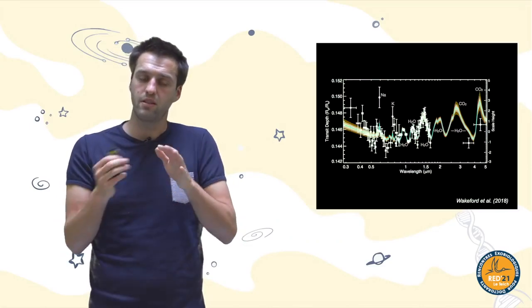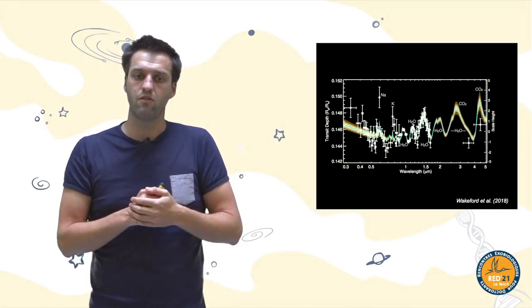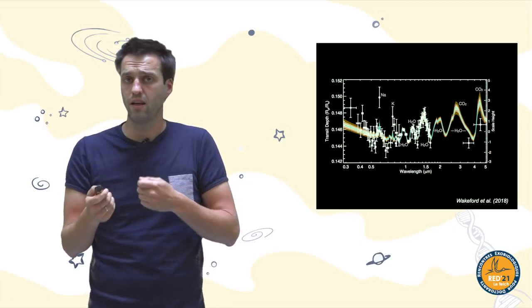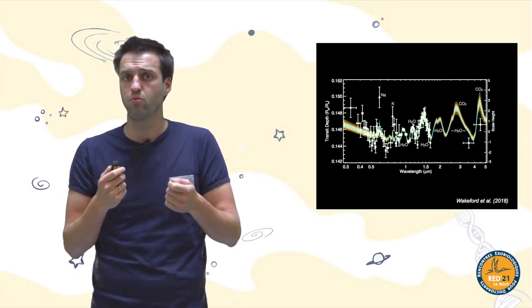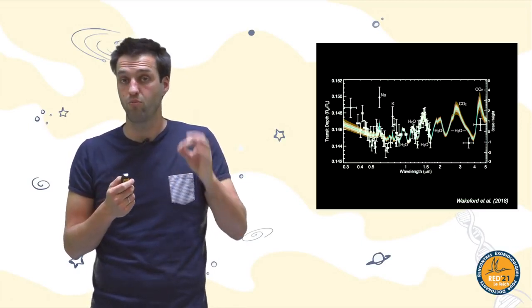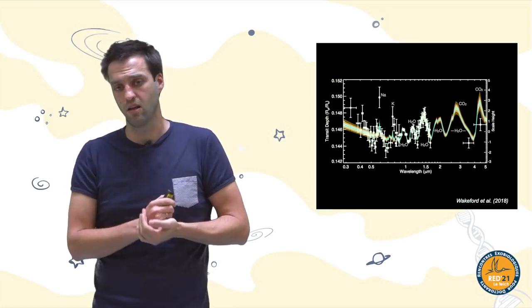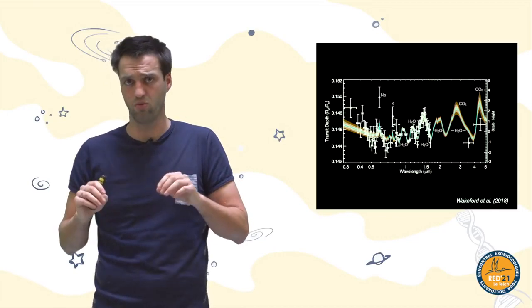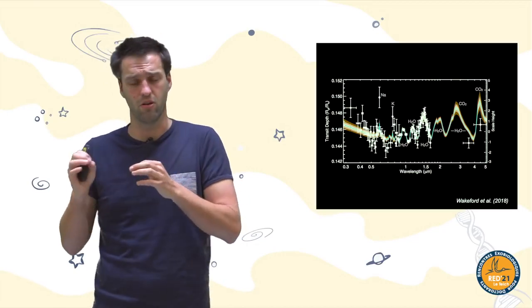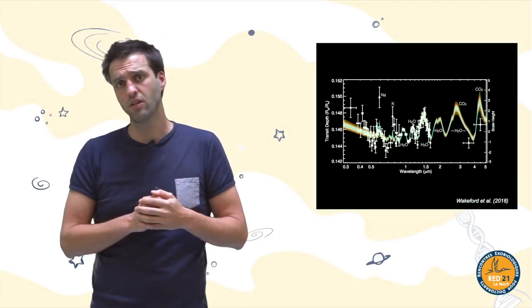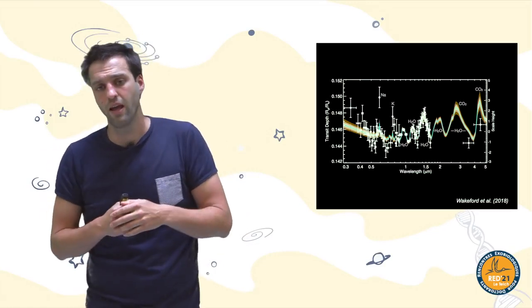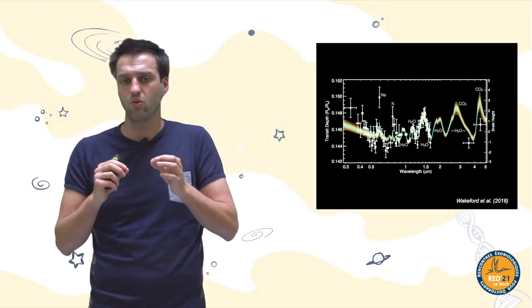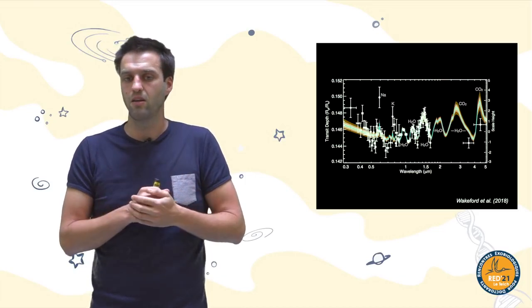So that's very nice. The problem with this kind of spectra is that even though we are able to detect some molecules, it's really difficult to have a robust determination of the precise abundances. The reason is that because we're using data from different instruments, it's really difficult to stitch them together in a very robust way.